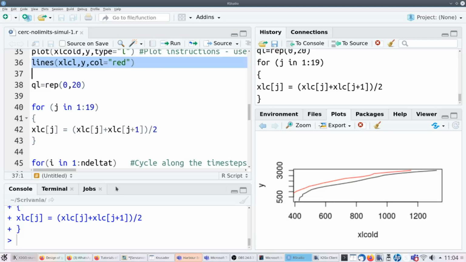Don't copy the full line, copy until the end of the instruction, and then paste it in the console and modify it. Let's write lines, not XLCL, but rather XLC, the new XLC, and then the color, let's put it in blue to distinguish it.